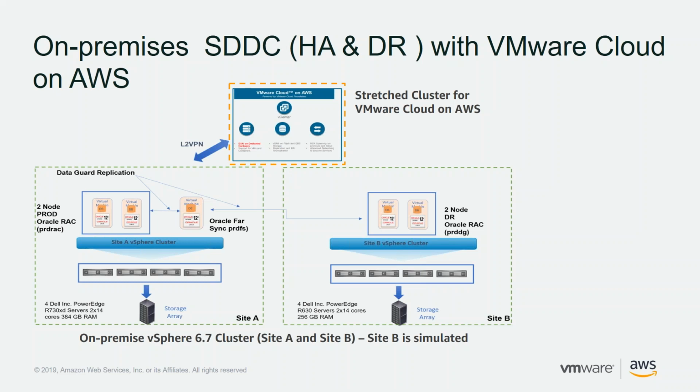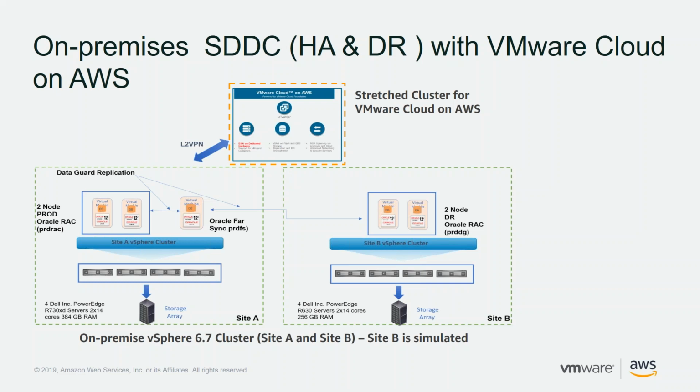On VM2, we remove the shared eager zeroed thick VMDKs and storage vMotion VM2 to VMware Cloud on AWS. On VM1, we remove the multi-writer flag from the eager zeroed thick VMDKs and storage vMotion VM1 to VMware Cloud on AWS. Unfortunately, what happens is the eager zeroed thick VMDKs are converted to lazy zeroed thick.